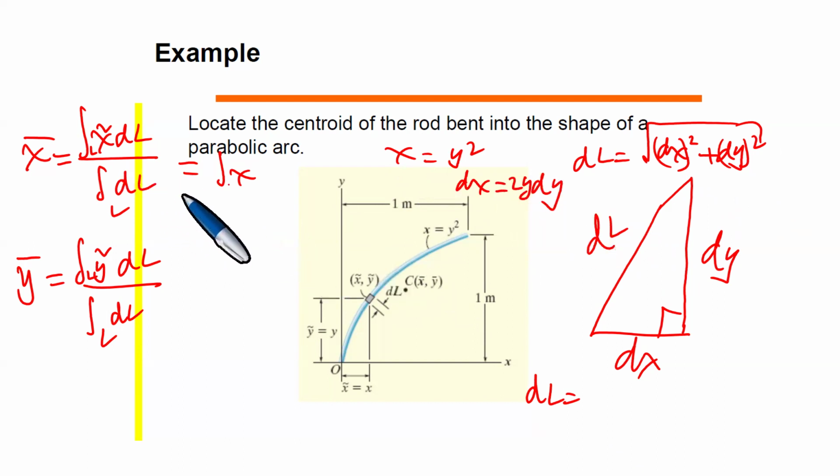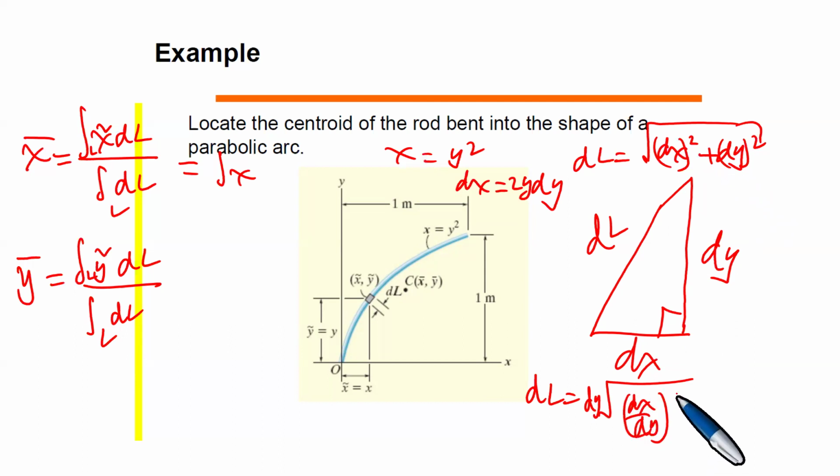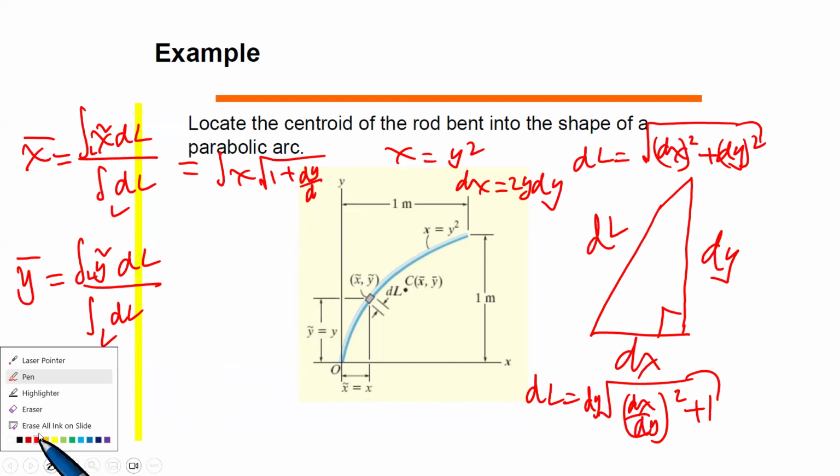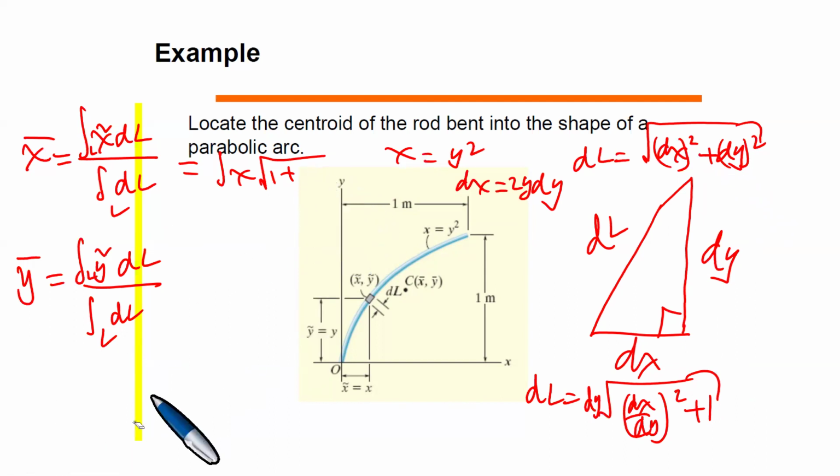What is dl? So dl is this, but now you can pull out the dy. If you pull the dy out of this and take the square root, you have dy times the square root of (dx/dy) squared plus 1. Okay, so in which case you have 1 plus (dx/dy) squared.